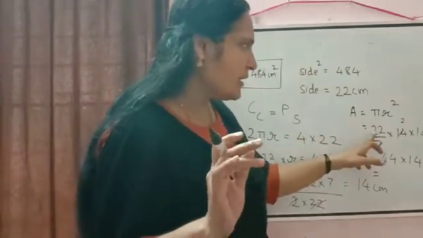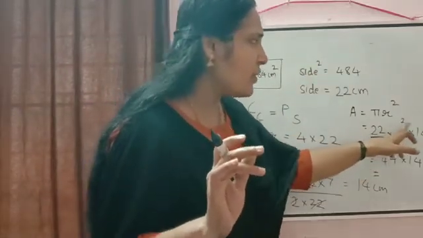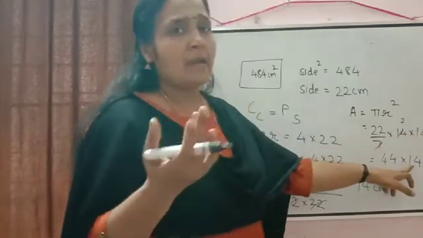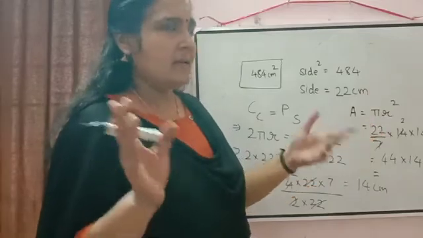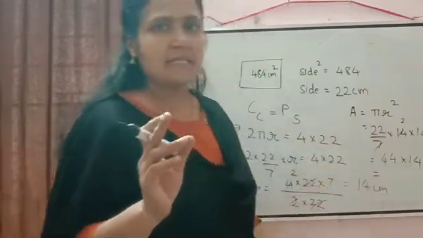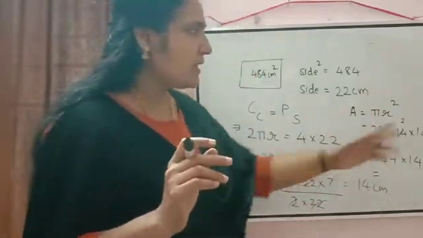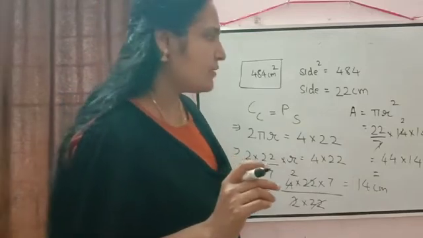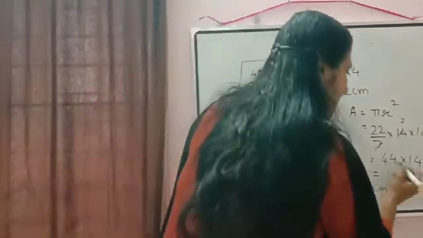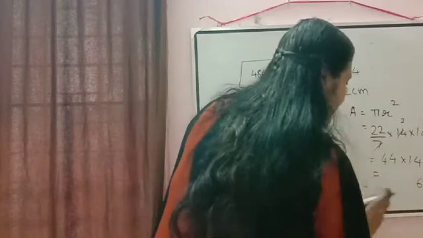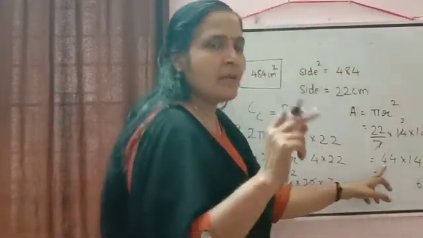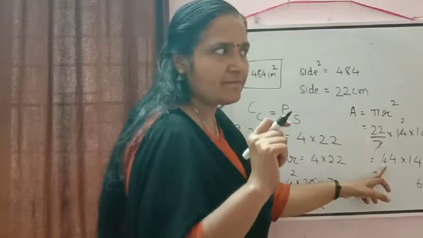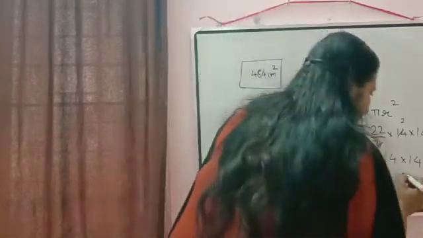So here also, I can multiply 14 into 2, but we don't know the multiplication table of 22 and 28. So better I know the multiplication table of 14, and now we can directly multiply it by 14. 14 fours are 56, carry over 5. 14 fours are 56, 56 plus 5 will be equal to 61.